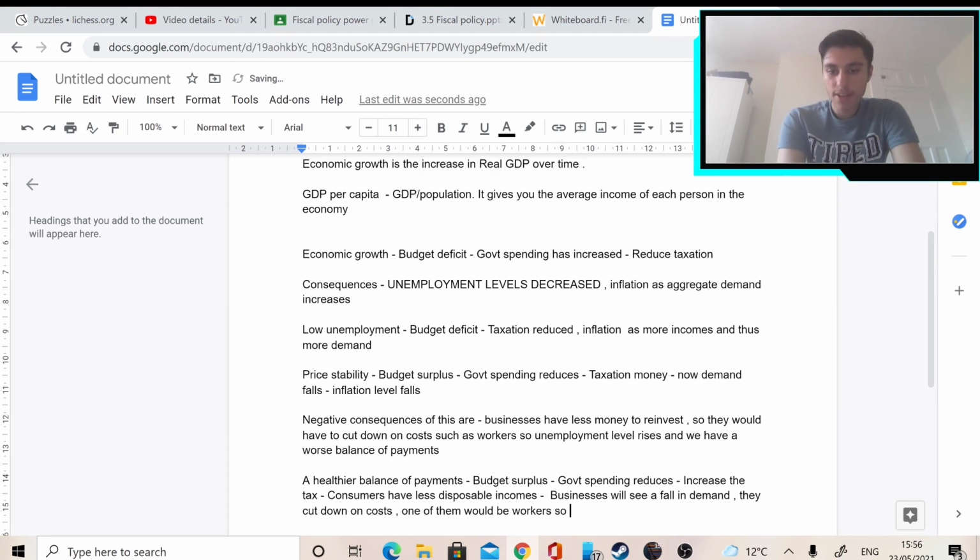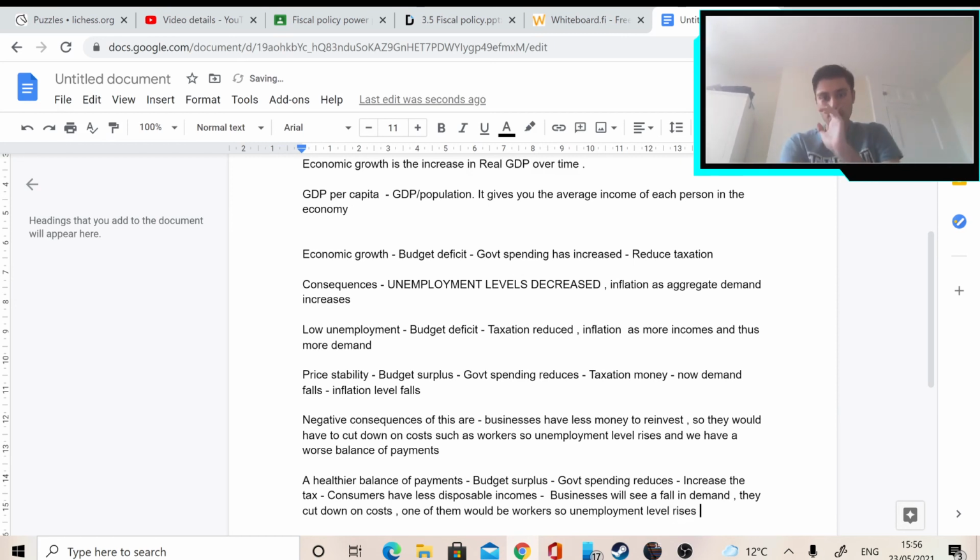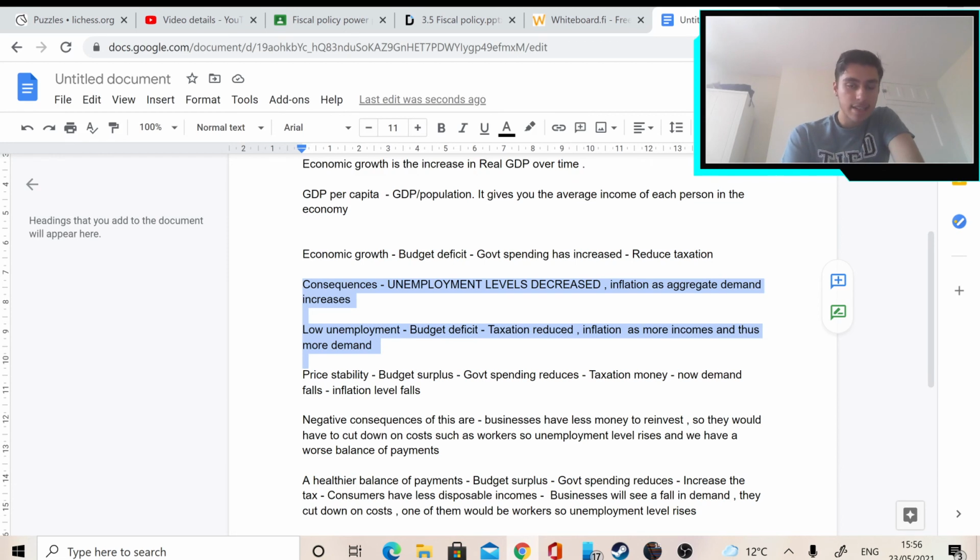And so unemployment level rises. These effects are applicable here as well, because this is also relating to the budget surplus, and these two are very closely related. And yeah, that's how you evaluate fiscal policy.